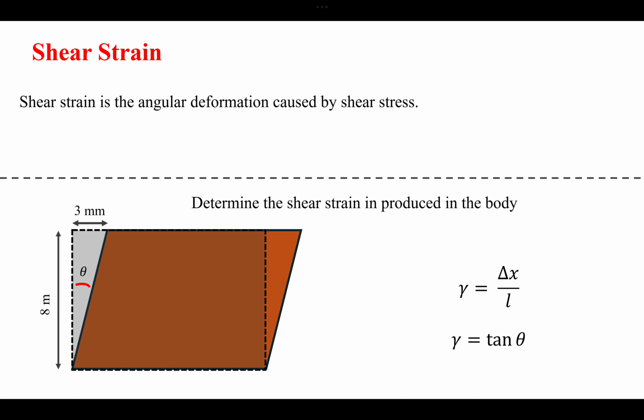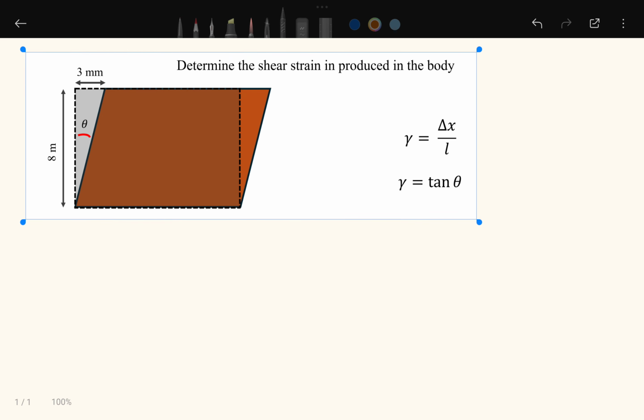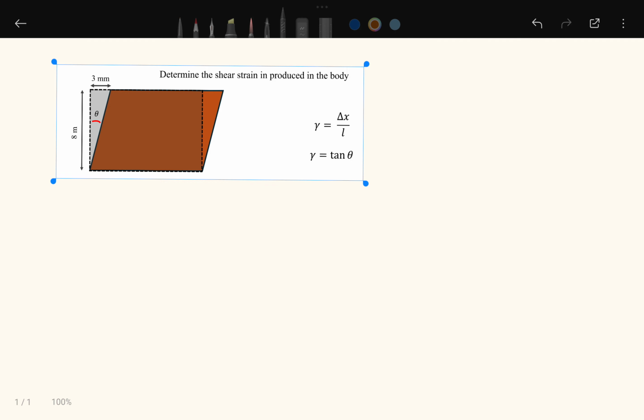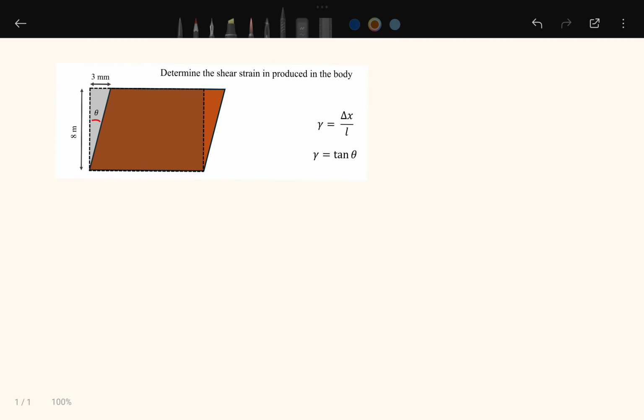Now let's solve a problem. It's a very basic problem, and it says: determine the shear strain produced in the body. What we want to do is determine the shear strain. We already know the formulas, so in this case we have L, which is 8 meters, and then we have delta x, which is 3 millimeters.